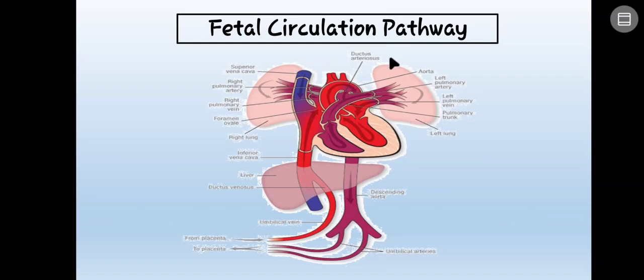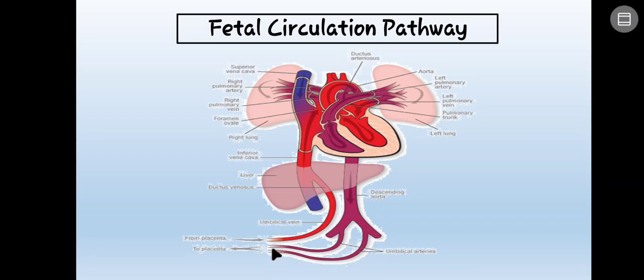Now, the fetal circulatory pathway. We have this structure over here we call the umbilical cord. The umbilical cord is made up of the umbilical vein and then the umbilical arteries. These two together are what we refer to as the umbilical cord.